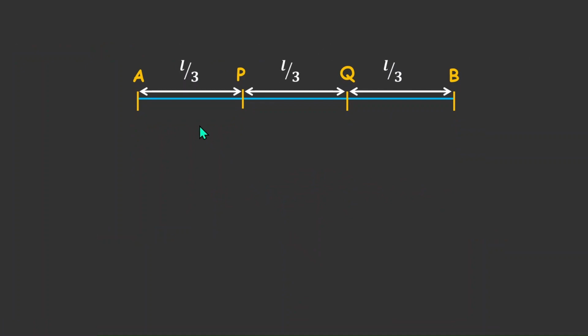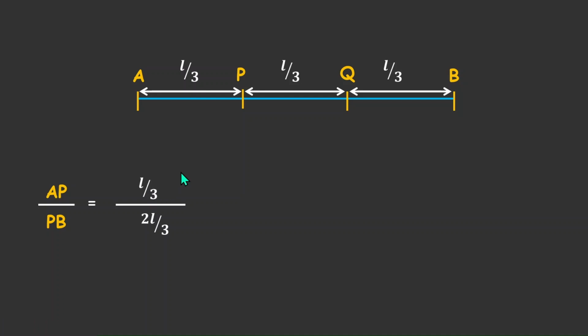So let's try to see the ratio AP divided by PB. At which ratio is the point P cutting the line segment? So AP length we know is L by 3, divided by PB length would be L by 3 plus L by 3, so it becomes 2L by 3.